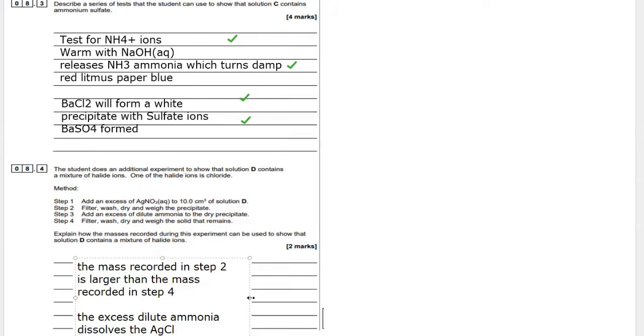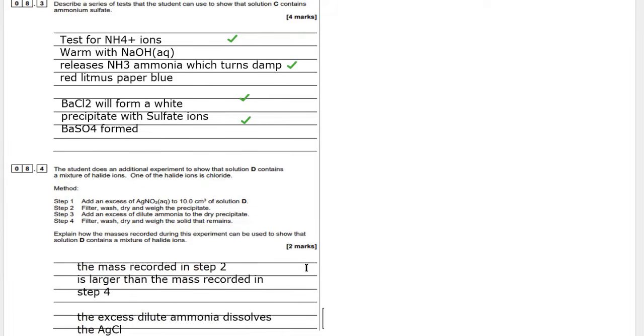So the chloride ions get dissolved by the excess dilute ammonia, which means our mass of precipitate goes down. Now, the mass of precipitate should disappear altogether if it was just made of silver chloride. But the fact that it doesn't disappear altogether and we do get some mass left means that we've got silver bromide or silver iodide there, which won't dissolve in dilute ammonia. Of course, if you add concentrated ammonia, that's a different question.